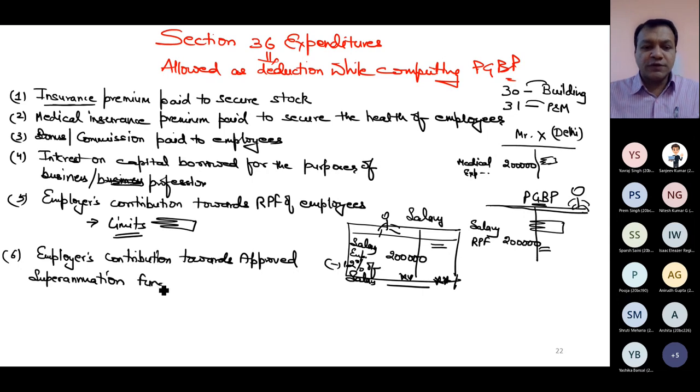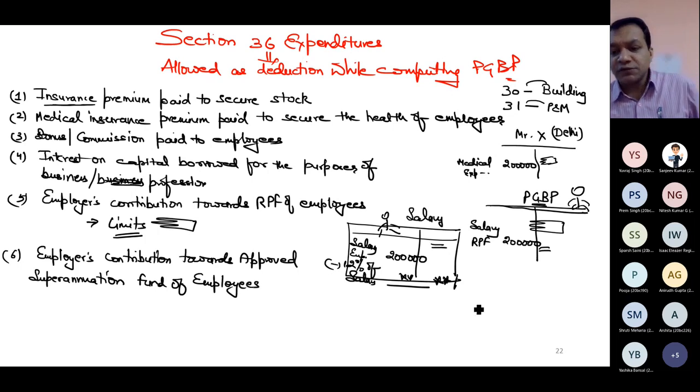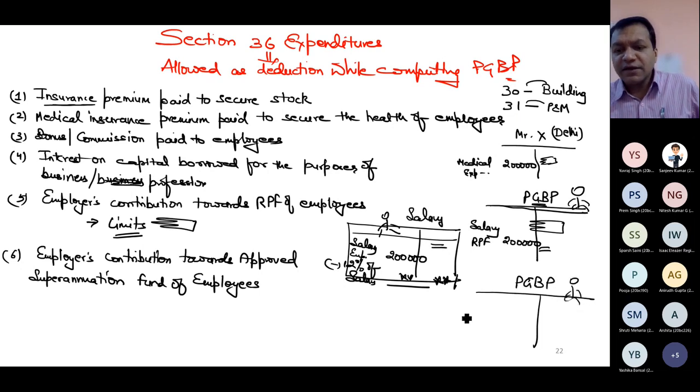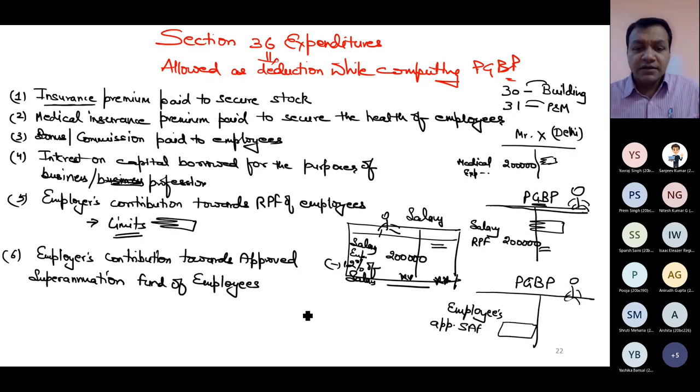So whatever the employer contributes towards the employees' superannuation fund, 100% is allowed as deduction. Again, if I'm a businessman, whatever I'm contributing to my employees' approved superannuation fund, I can show that on the debit side.